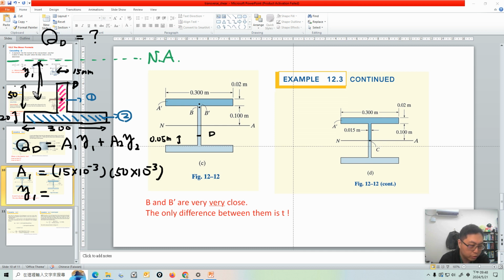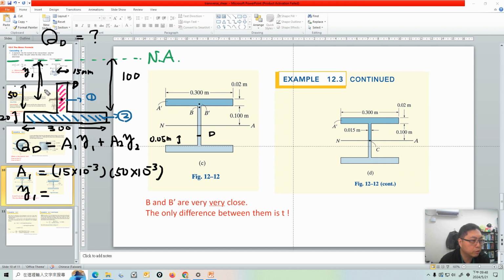Let me check my equation first. Yeah, it's correct. So what is our Y1? Here is 50. Because this is symmetric, the distance to the neutral axis is 100 here and 100 here.